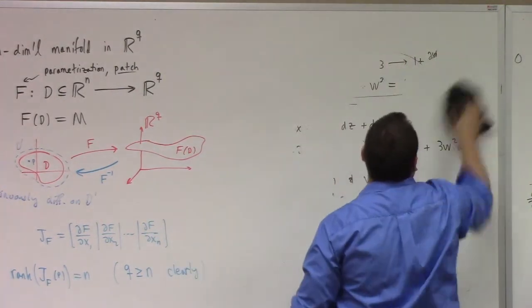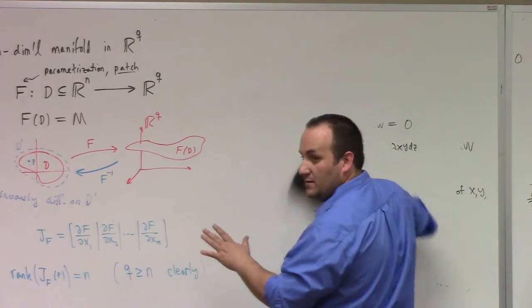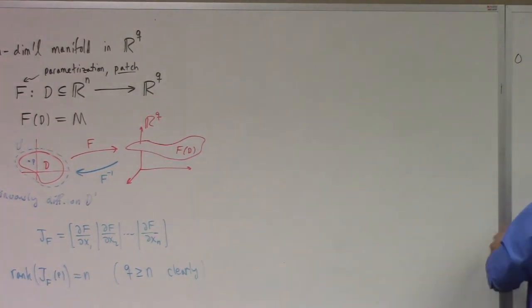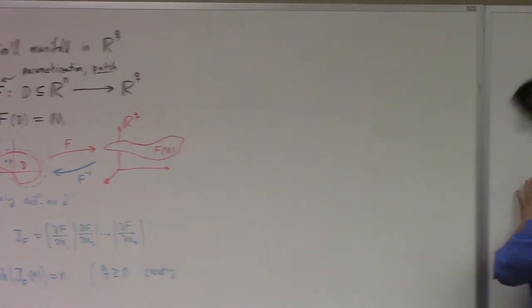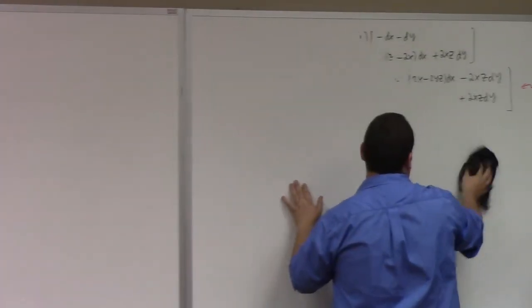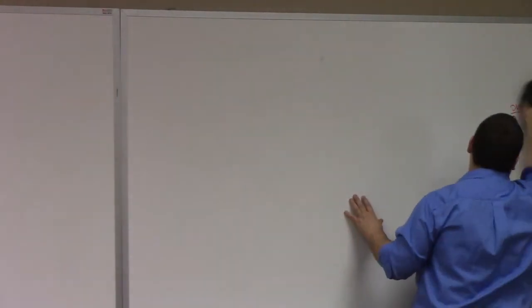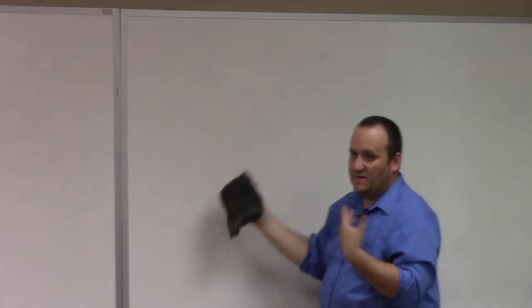So let me give you an example of a manifold. Manifold is a term we use to mean a space which doesn't have to be of a particular dimension.